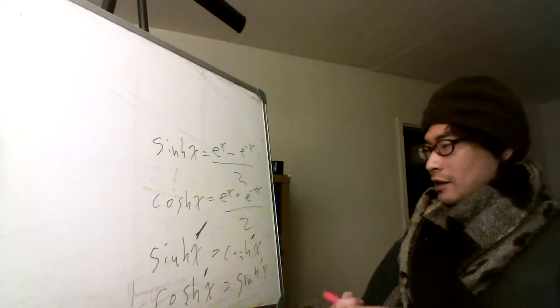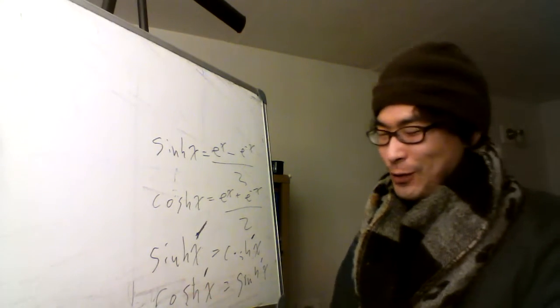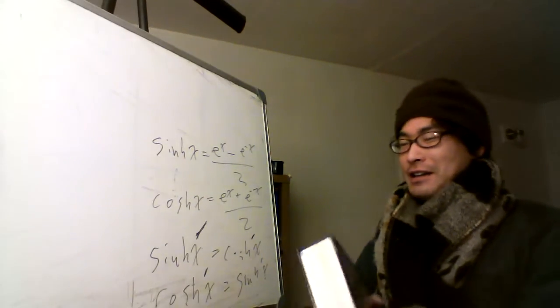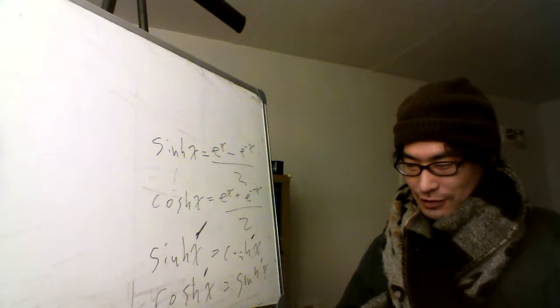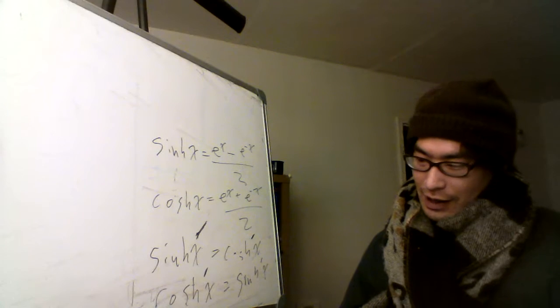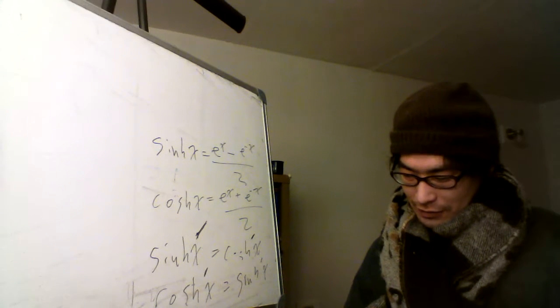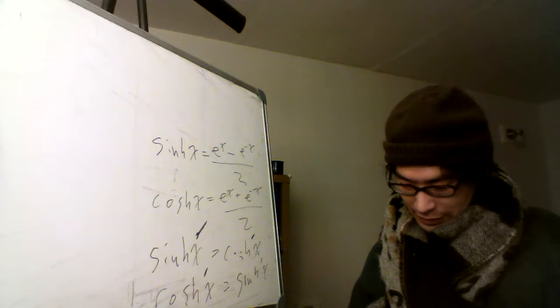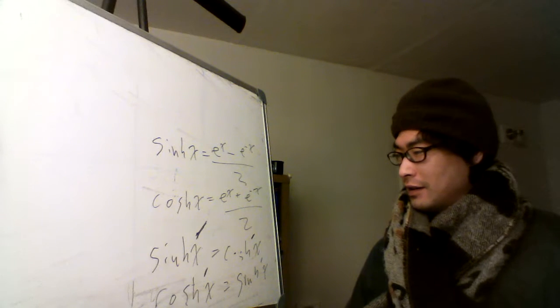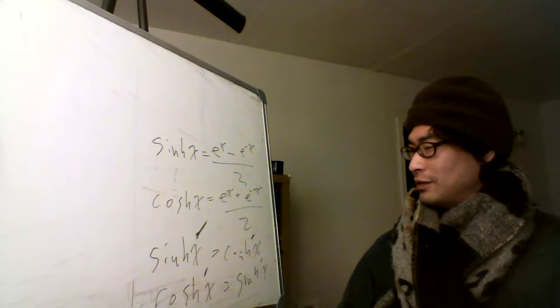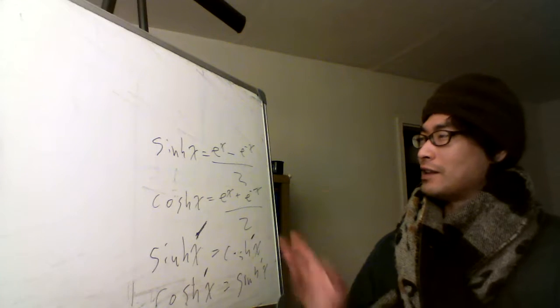Okay, let me see whether this is correct or not, because I'm known to make a lot of errors and mistakes, so I gotta look it up. Hyperbolic stuff behaves very much like trigonometry. Okay, so it's correct. I didn't make any mistake here.